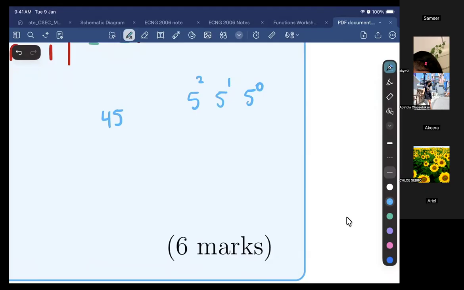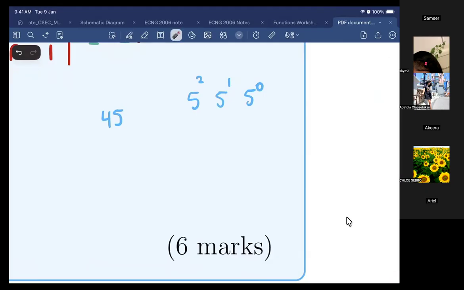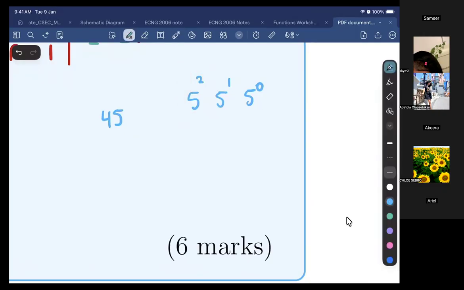So let's see. Maybe we could check how many 25s are in 45, guys. There's 1, right? Okay, cool. So what's the remainder for that?